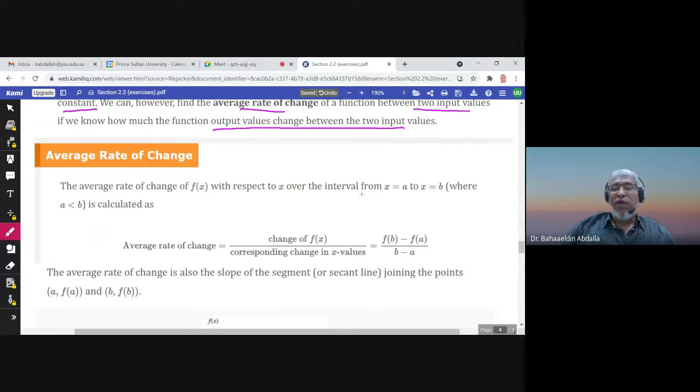So if we have x equals a and x equals b, the average rate of change of f of x with respect to x from a to b would be f of b minus f of a over b minus a. So change of f of x over the change in x. So it is the slope actually.